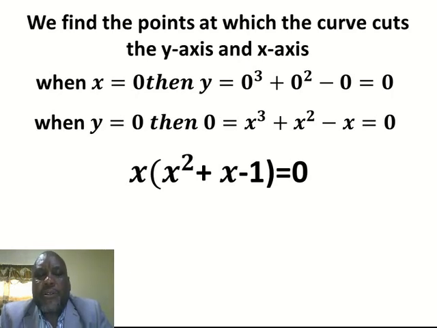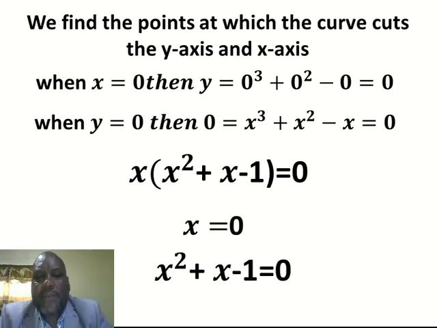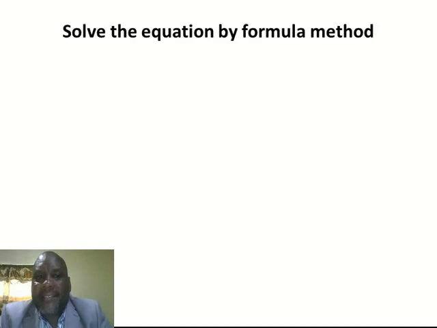Factoring out x, we get x times x squared plus x minus 1 equals 0. Then x equals 0, or x squared plus x minus 1 equals 0.